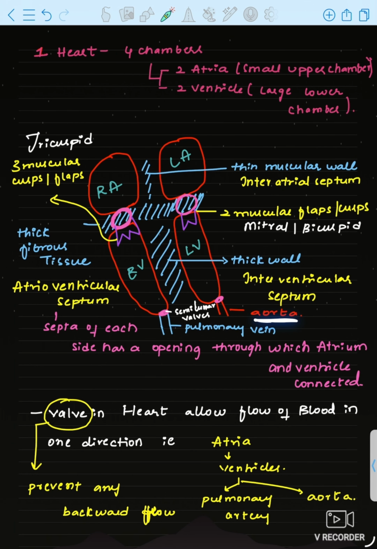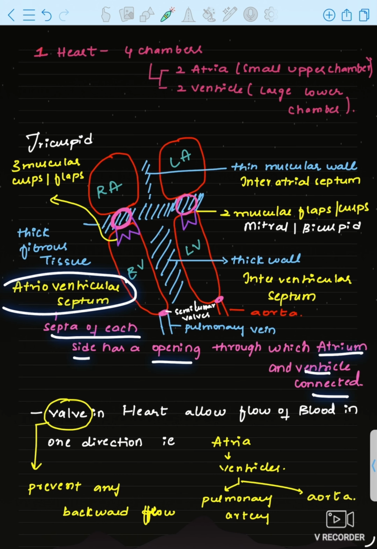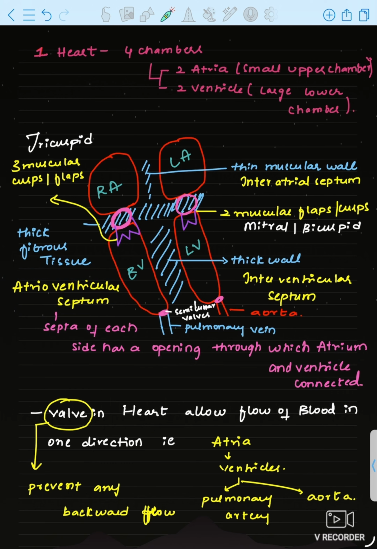Okay, in between the aorta and left ventricle also some valve is there, that is called the semilunar valve. Both are semilunar valves. This is tricuspid, this is bicuspid or mitral valve. So this is the atrioventricular septum. The septa of each side has an opening through which atrium and ventricle are connected.